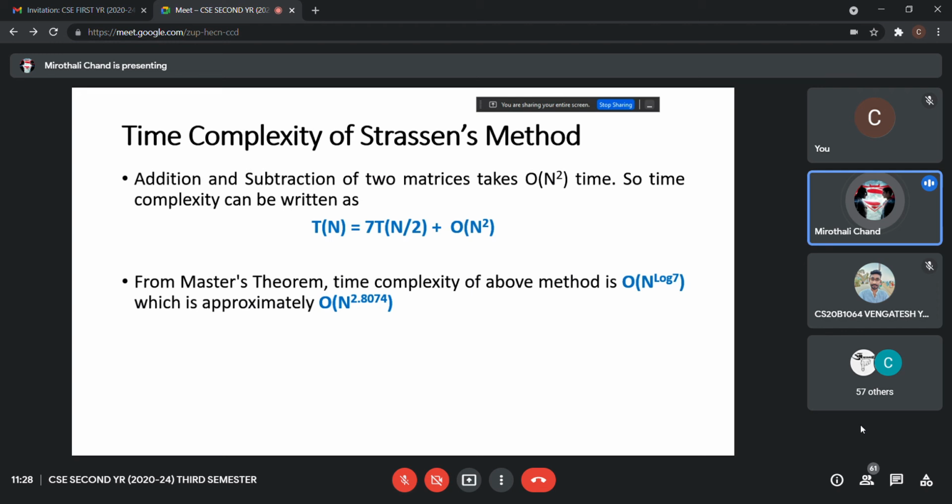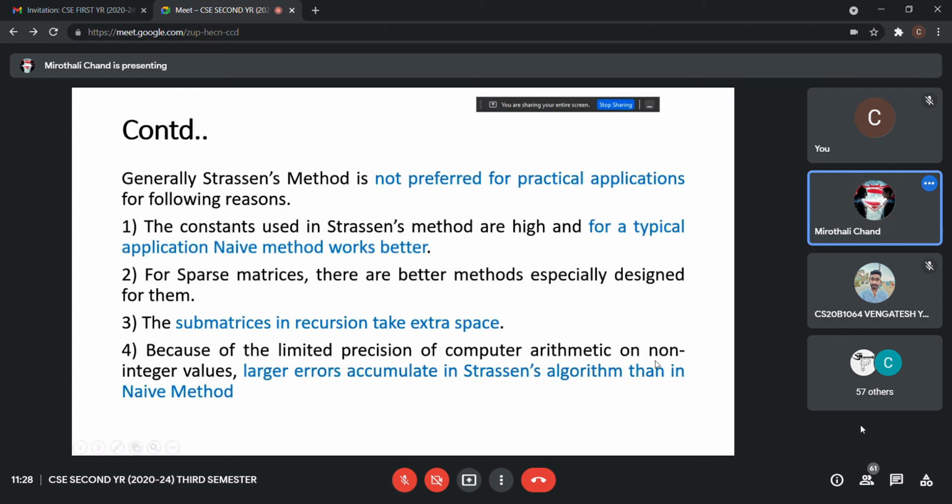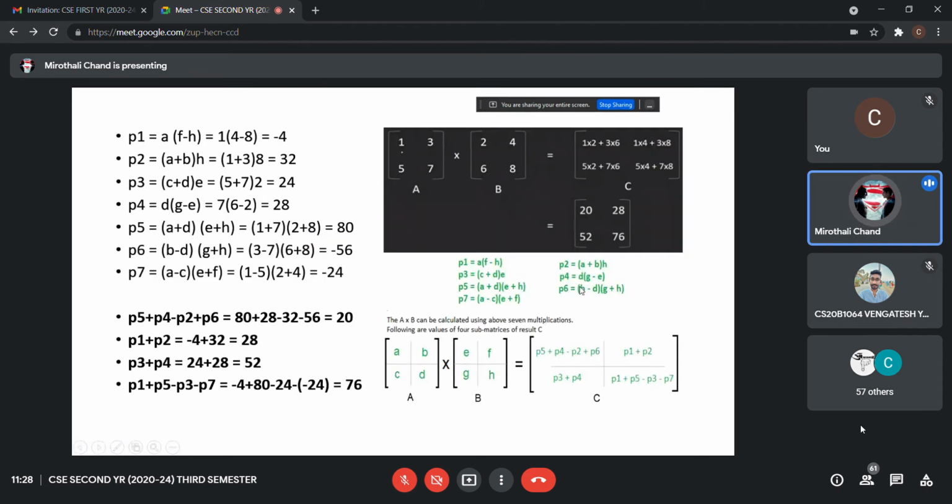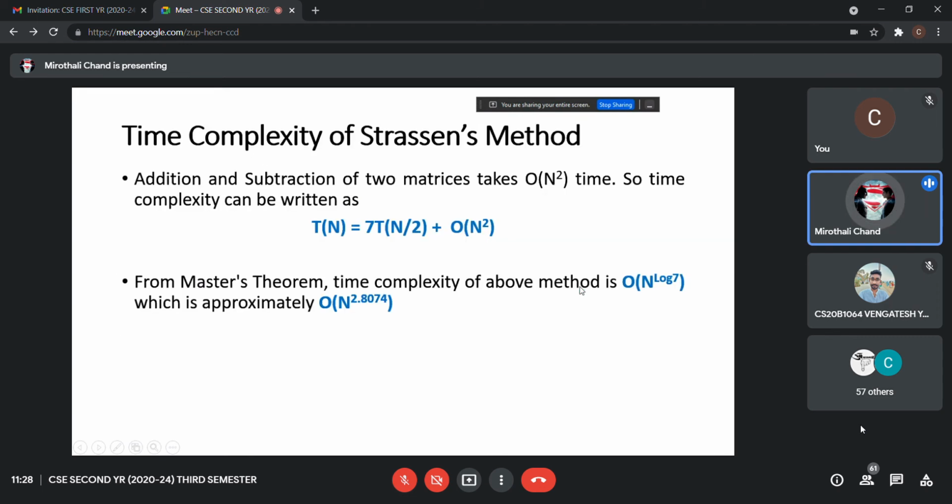So regarding this Strassen's method, it is not preferred for practical applications, and it works. We can solve them easily by hand itself when we compare to this operation.